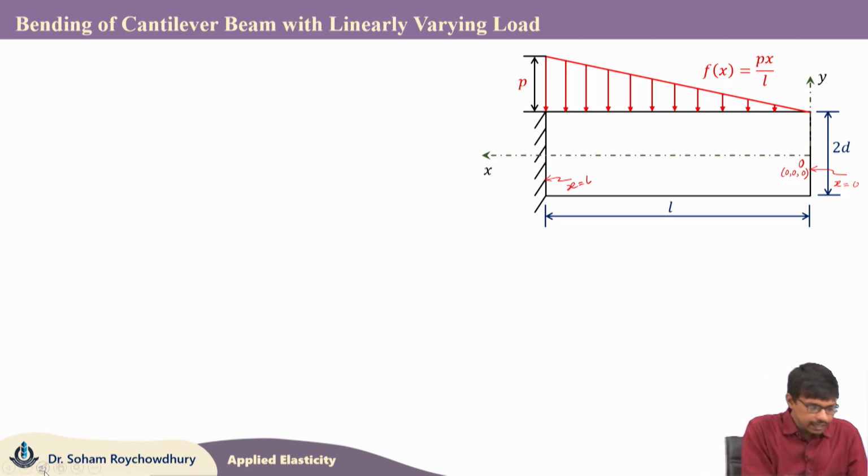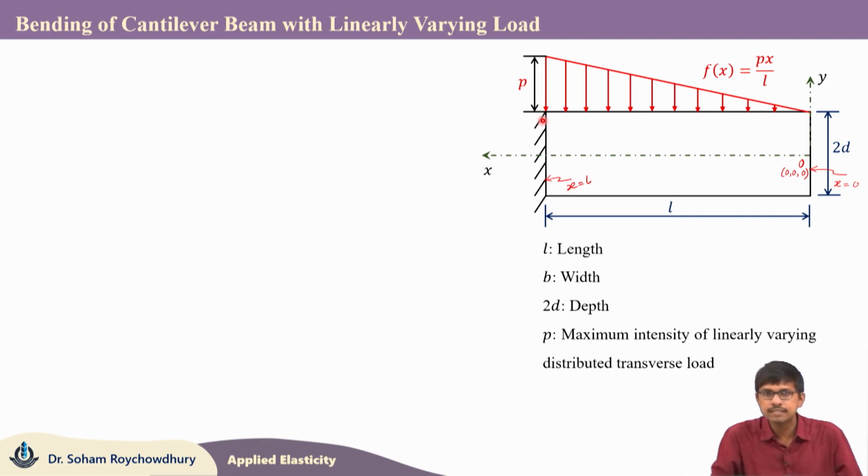Thus, at the right hand side at this particular point x equals to 0, the value of the load intensity goes to 0. With x equals to L for the left edge, that is the cantilever or the fixed edge, Fx will go to PL by L or a constant P. Thus, this P is the highest value, the maximum load intensity occurring for this linearly varying load at the left edge or at the built in edge.